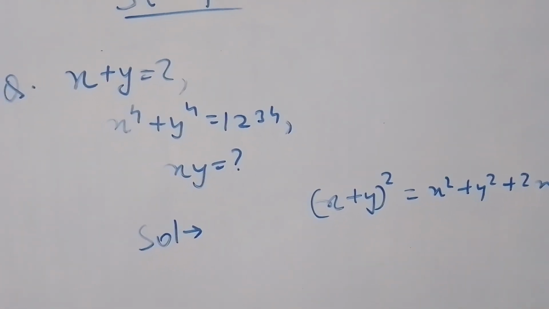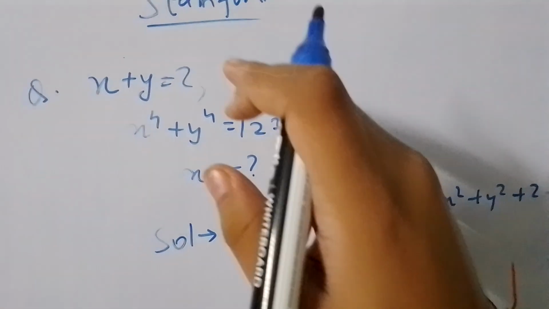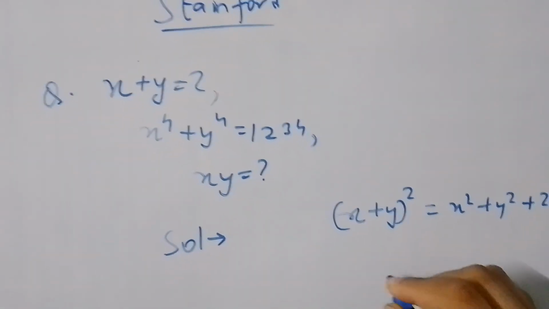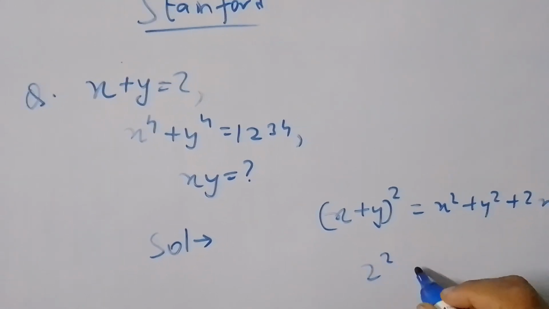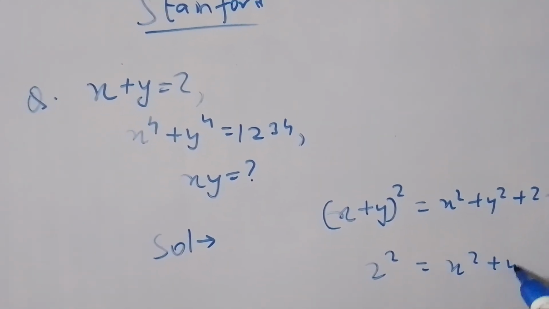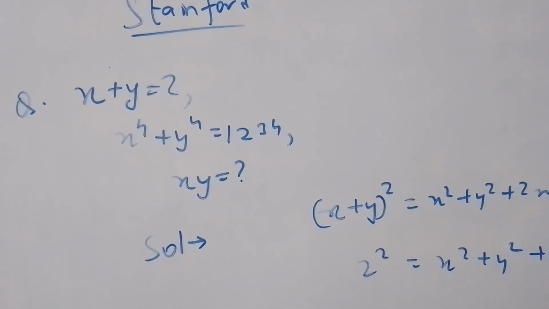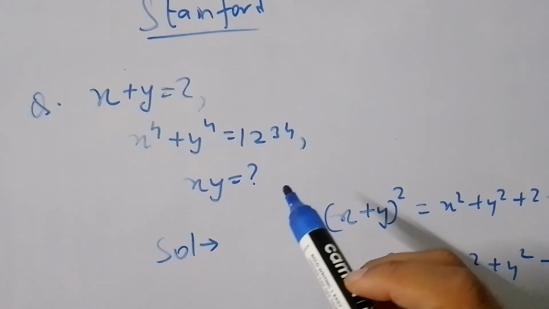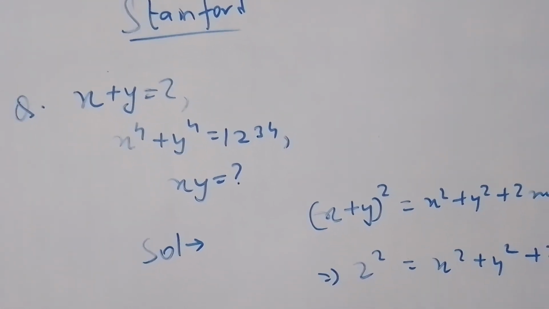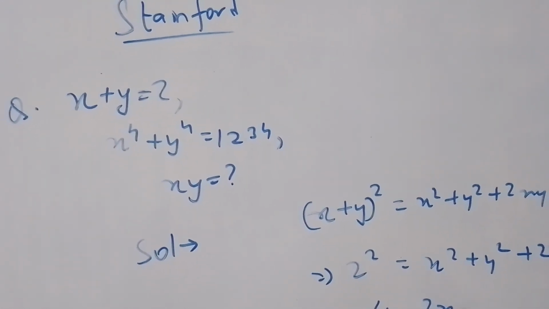Now what do you do? So we get 2 square equals x square plus y square plus 2xy. So x square plus y square is 4 minus 2xy.